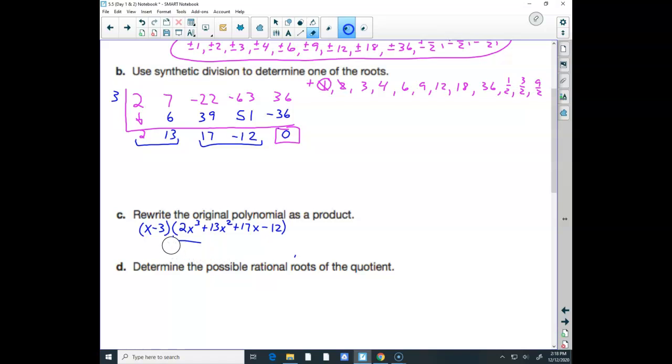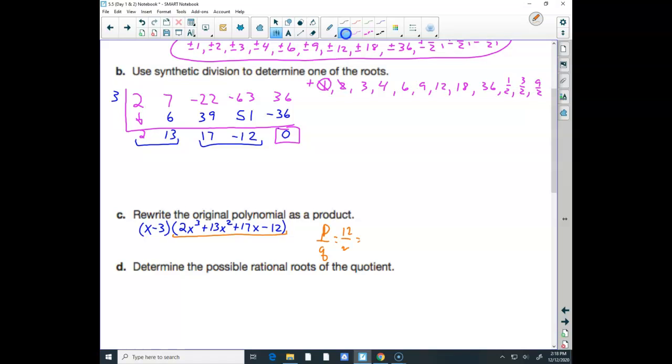All right? Now, what I want to do, again, is factor this guy. And notice my P and my Q kind of changed, okay? So what I'm going to do is list my possible rational roots. I'm going to do my P's over Q's for my new one because I have fewer: 12 over my 2.